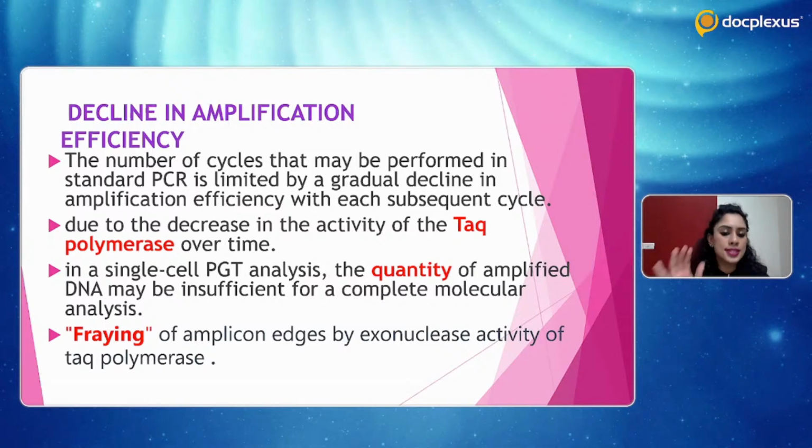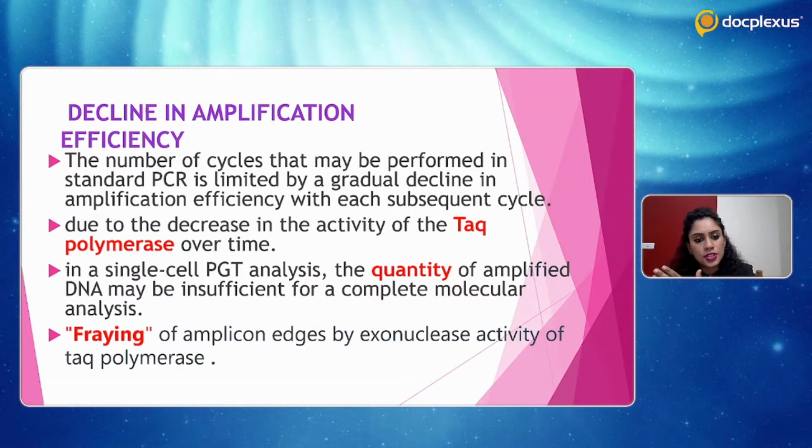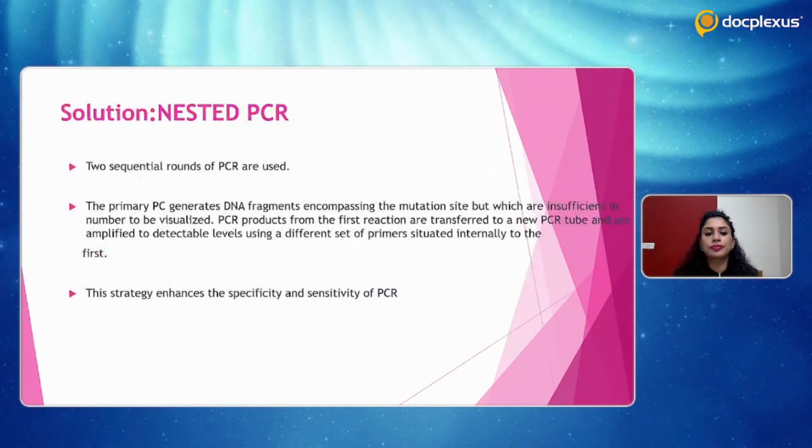In a single cell PGT analysis, the quantity of amplified DNA may be insufficient for a complete molecular analysis, and there is fraying of amplicon edges by the exonuclease activity of Taq polymerase. All this reduces the quantity as well as the quality of the genetic material being studied.